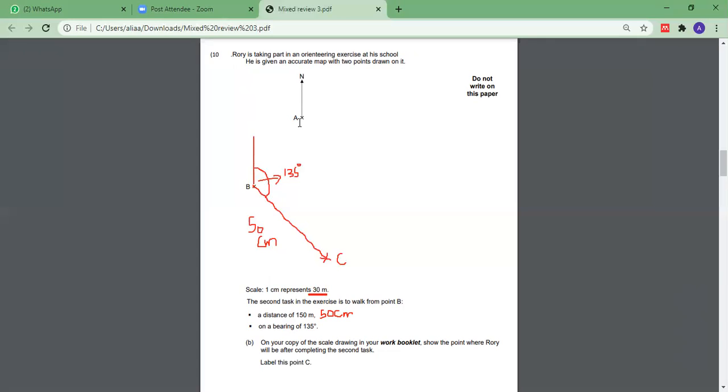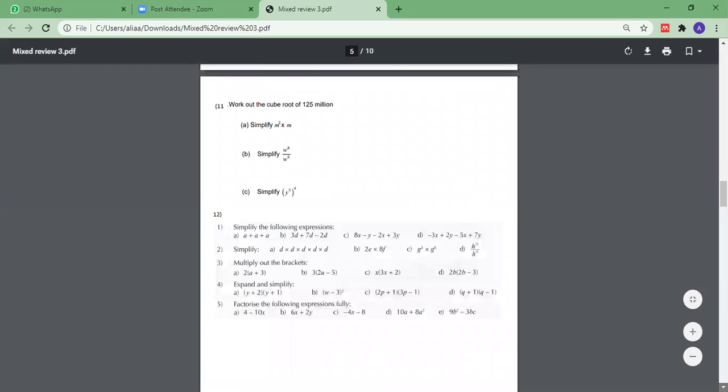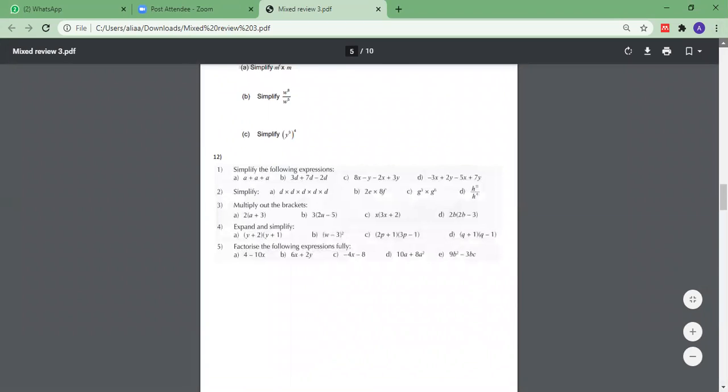It has no meaning. Sometimes it will be just for confusion. Okay, let's see the next question. Question page 4.